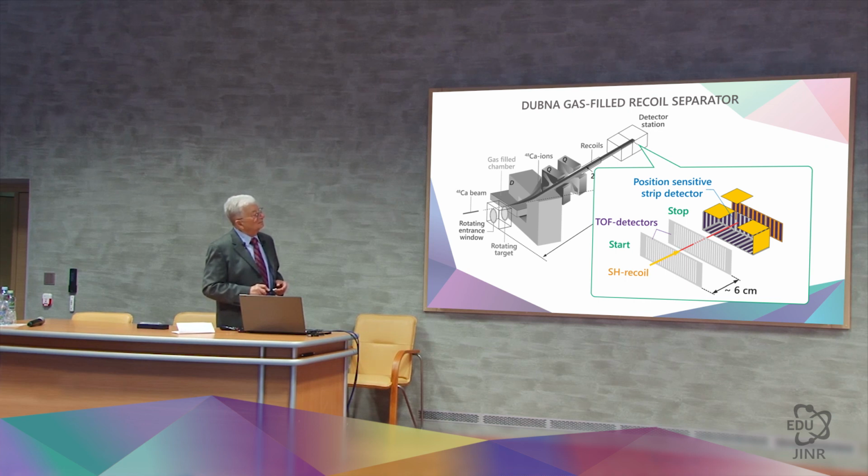The recoil nucleus flies through the detectors, with the time of flight indicated by the system, and continues on until reaching the stop signal. The coordinates of this signal are immediately clear.